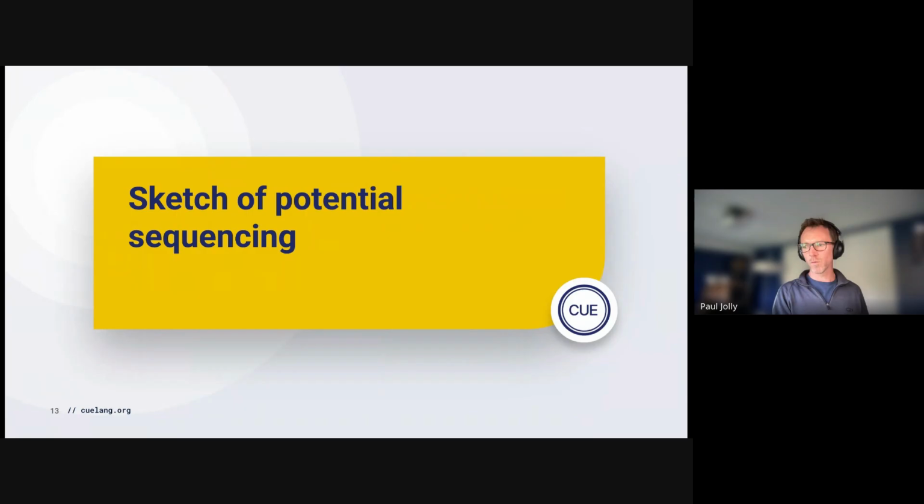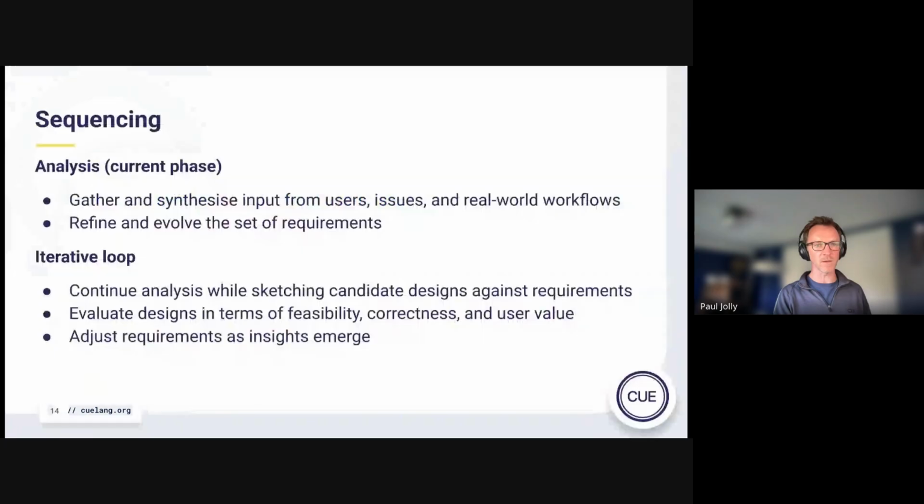So let's suspend our thinking for one second of like, well, okay, where are we right now? We're looking at some sort of analysis. What could a sequencing look like here? Well, I think looking at what we've learned from Q command, what we can learn from other real world systems out there is a critical first step before we get into thinking about anything like design, etc. And so this analysis phase is an important bit.